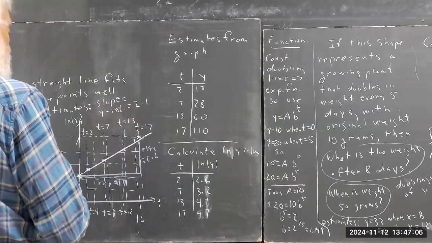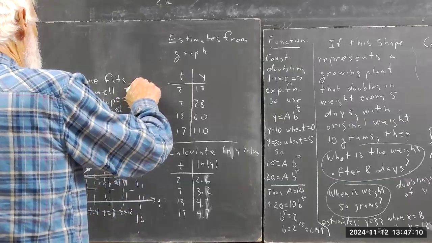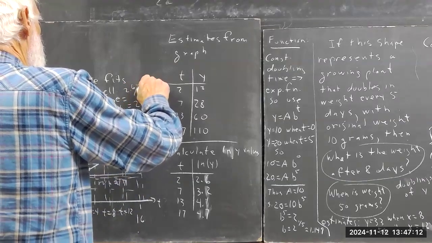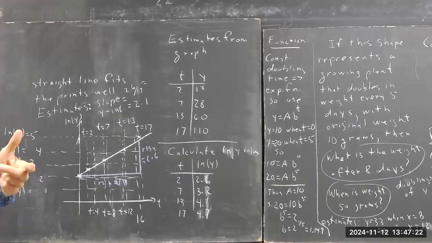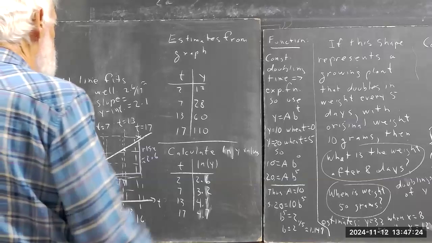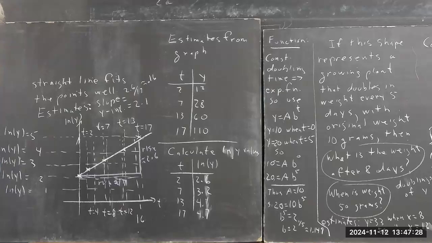So the slope is 2.6 over 17, which is about 0.16.